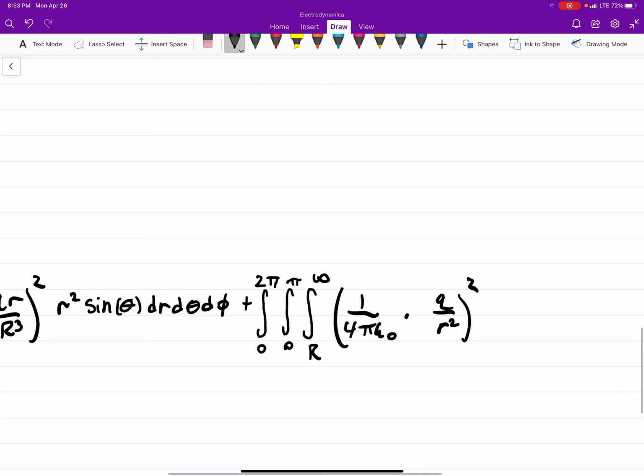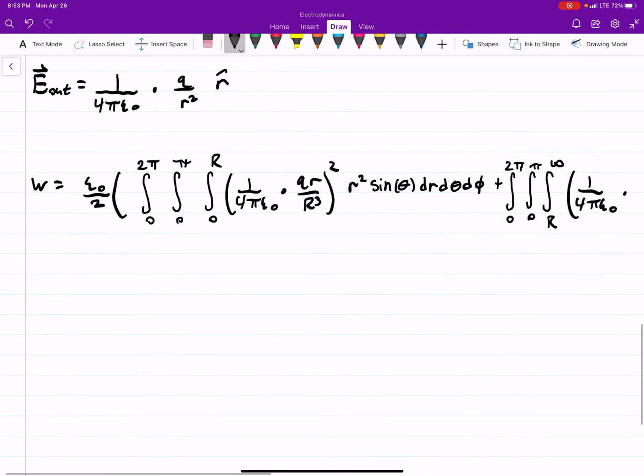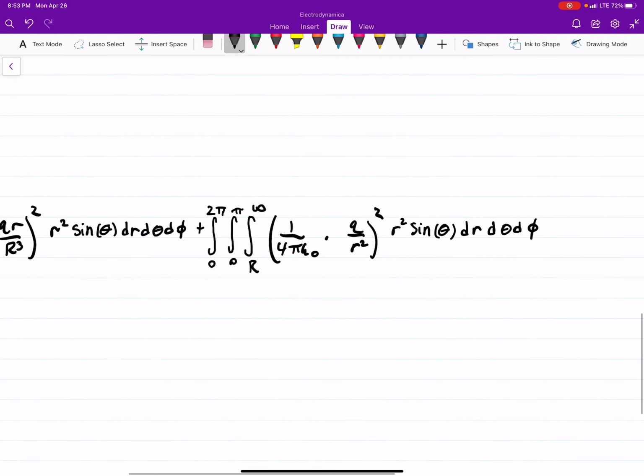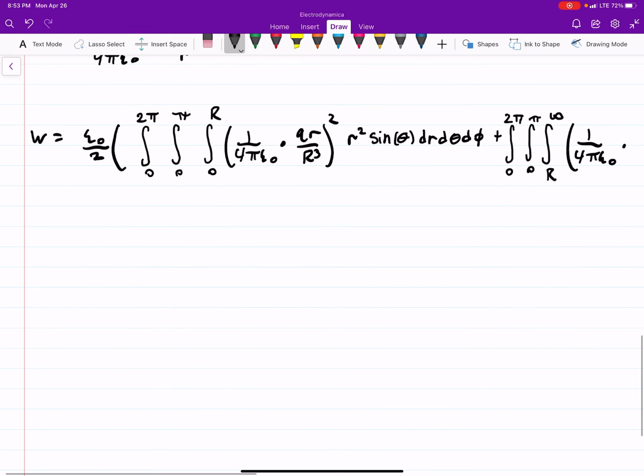That's your outside E field squared, the magnitude of it. And then times r squared sine theta dr d theta d phi, the volume element in spherical coordinates. So it's maybe a little bit messy here. Close that off in parentheses. But it cleans up pretty nicely.